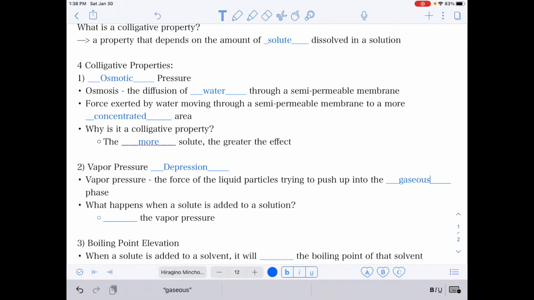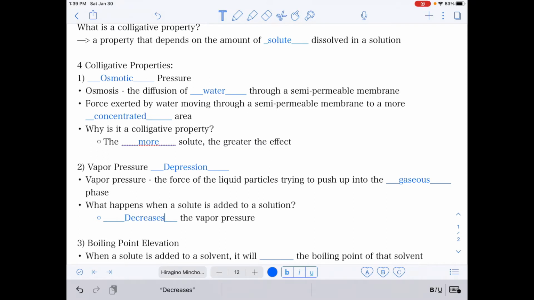So it's going to decrease the rate at which these solvent particles are able to escape up into the gaseous phase, right? And if it's decreasing the rate, it's also going to be decreasing the vapor pressure. So when solute is added to a solution, it actually decreases the vapor pressure because it's slowing down the rate at which the solvent particles are able to escape the solution.